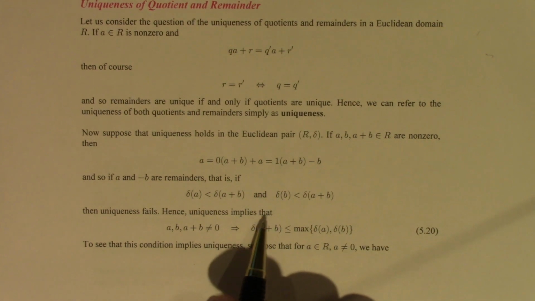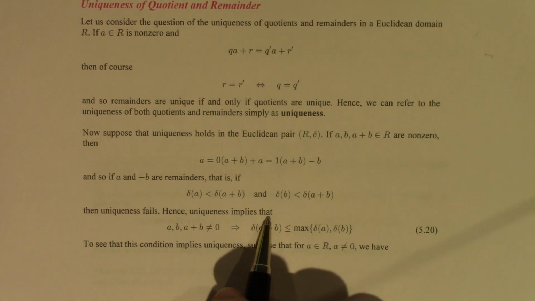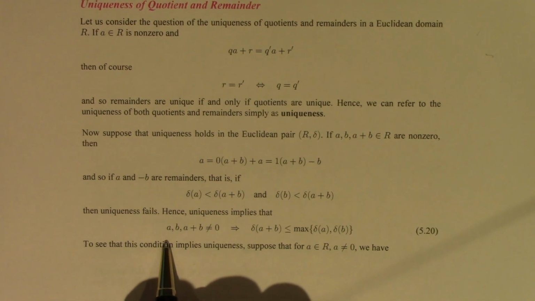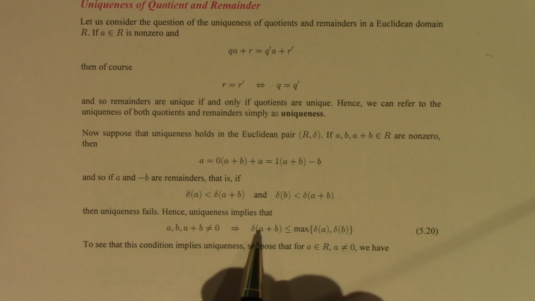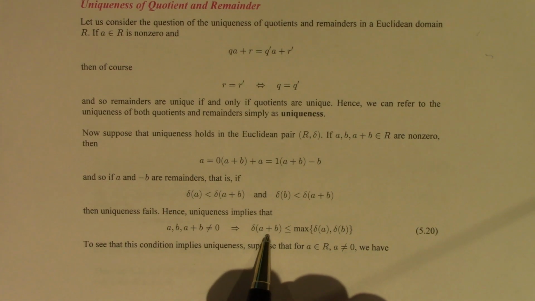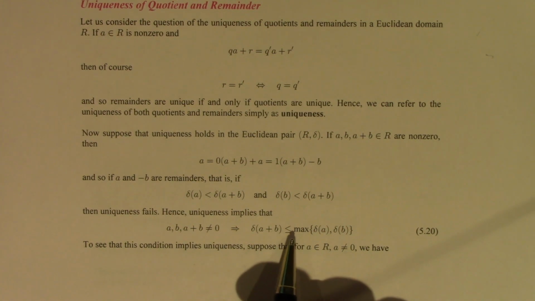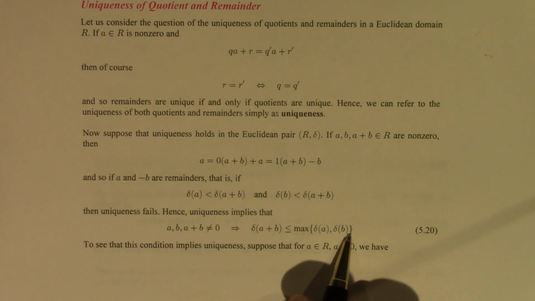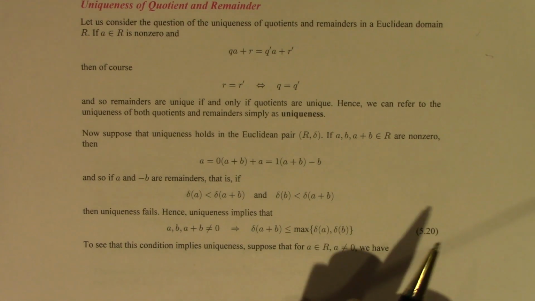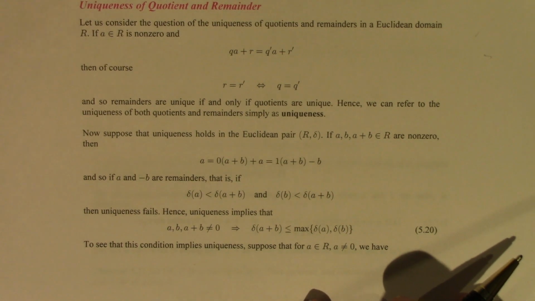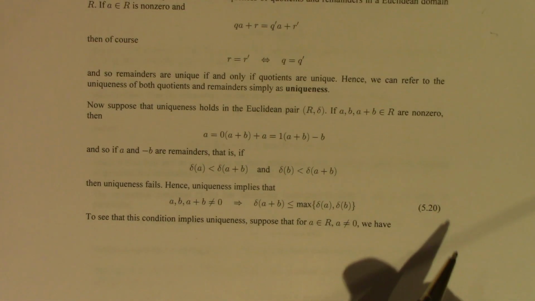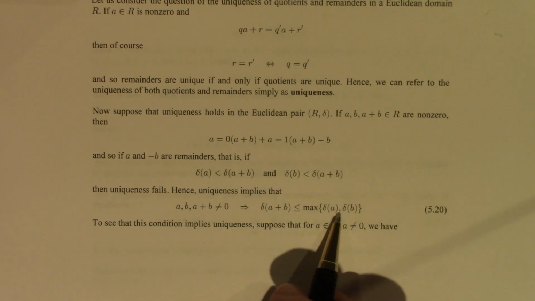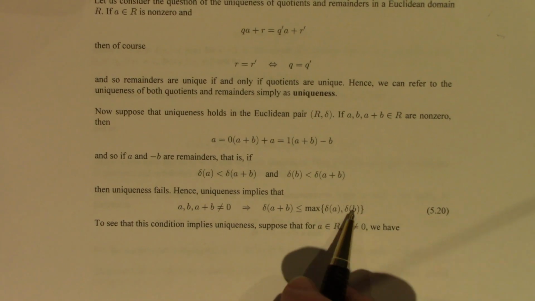So uniqueness will imply that if A, B, and A plus B are non-zero, then delta of A plus B must be less than or equal to the maximum of delta A and delta B. It's not easy to get a handle on the norm of a sum, but this is one instance where we get some information.